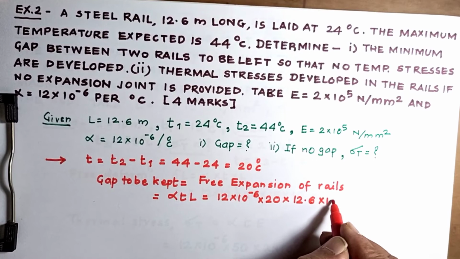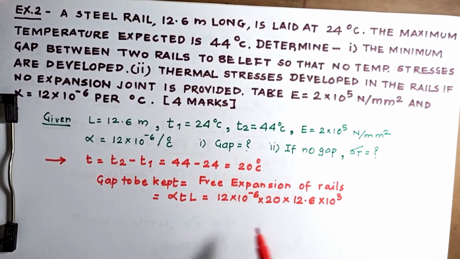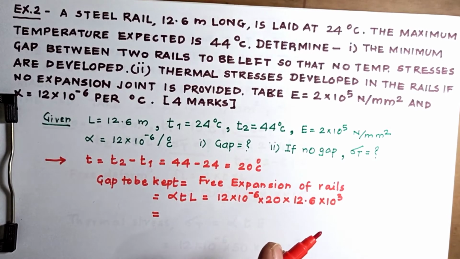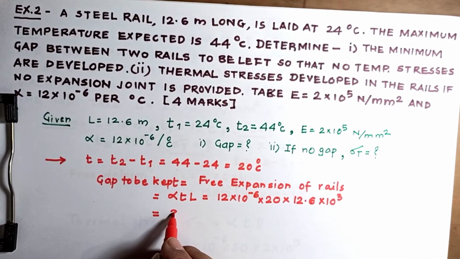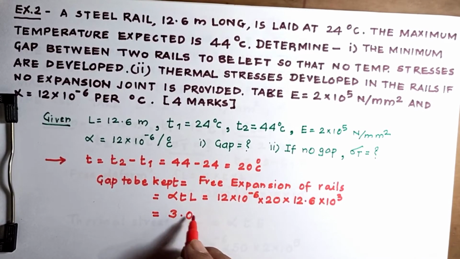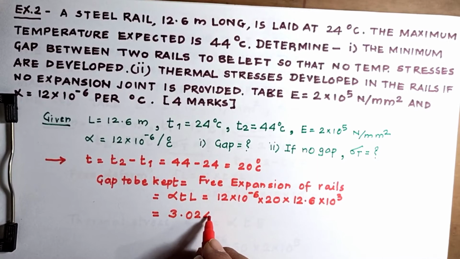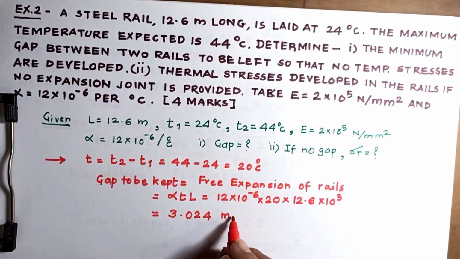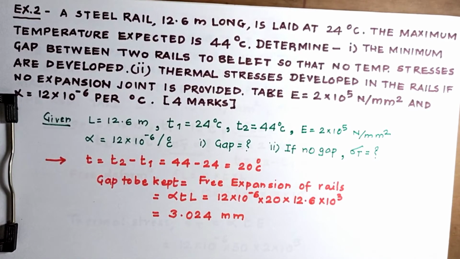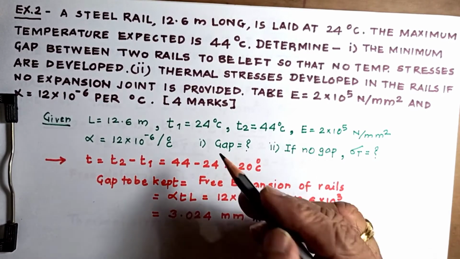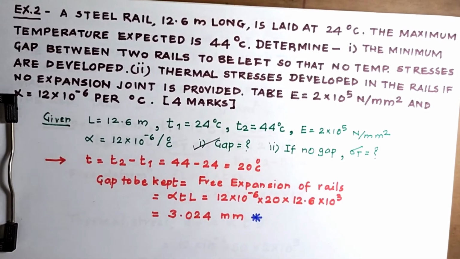Convert it in mm, 10 raised to 3, and if you calculate this, it comes out to be 3.024 mm. So this is the first answer. What minimum gap is to be left? So this we have solved.